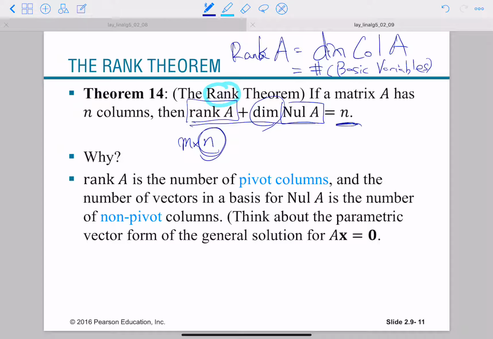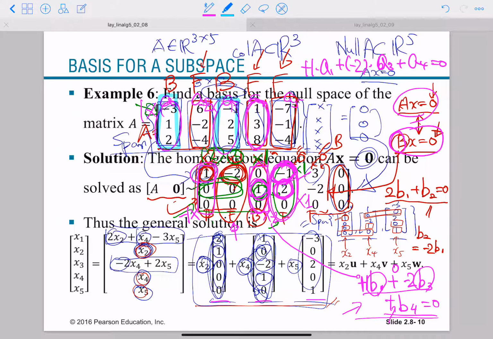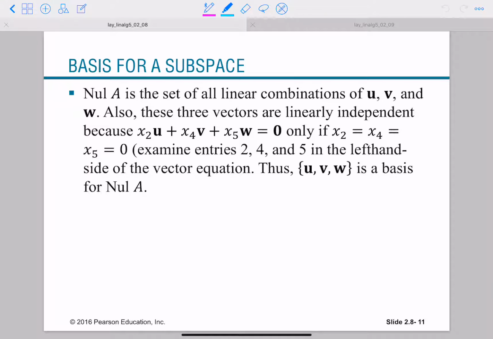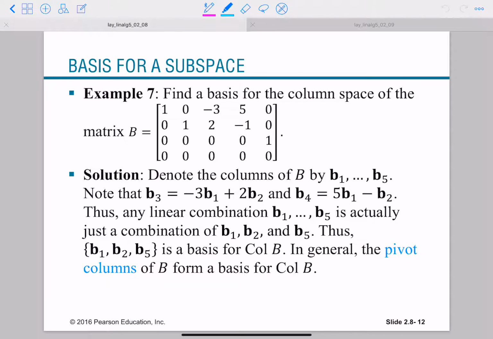Any questions so far? Okay. Let me briefly go through the next example that I think we already discussed.